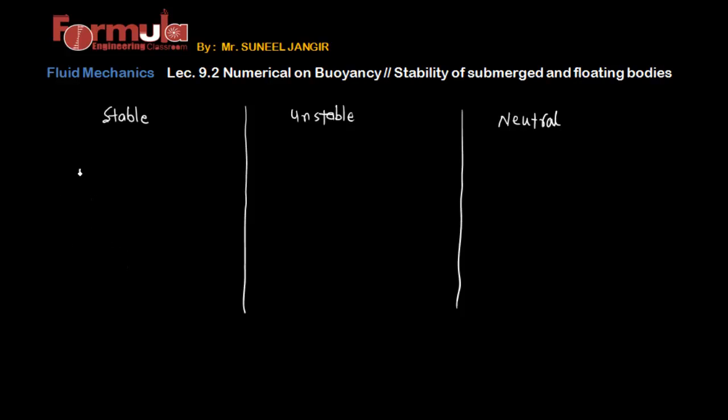Let's suppose there is a concave surface here, and on this concave surface I am considering a ball. Now if you disturb this ball from its position, the forces and moments will work on this ball in such a way that after some oscillations or after some time the body will regain its initial position. So this type of equilibrium is defined as stable equilibrium system.